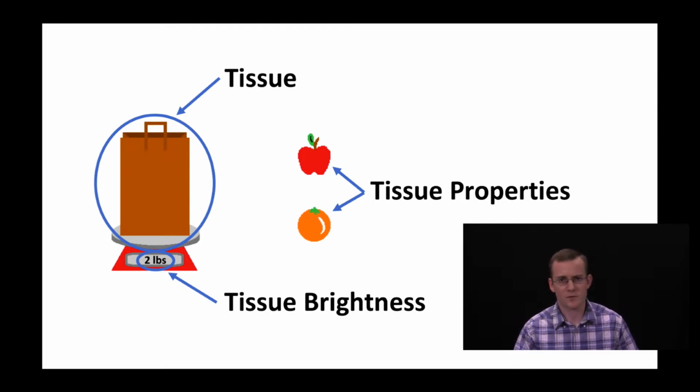Just as the apples and oranges inside the bag affect the weight, in a similar way, the tissue properties affect the brightness of the tissue. So, while an MRI image is influenced by tissue properties, an MRI image does not directly tell us what those tissue properties are. A natural question is, why would it be important to know what the tissue properties are? If we did know them, what benefit would we gain?